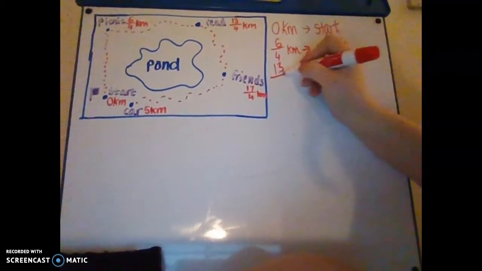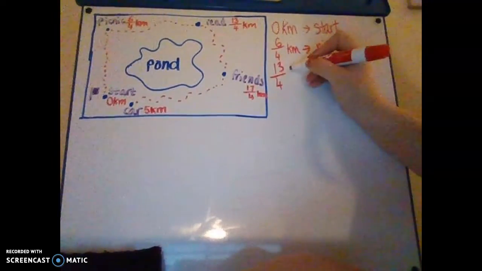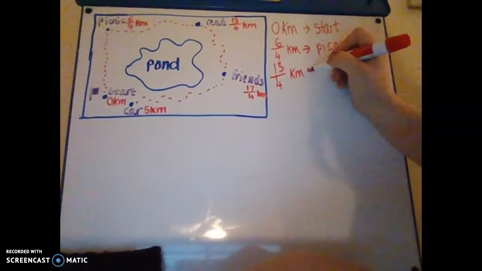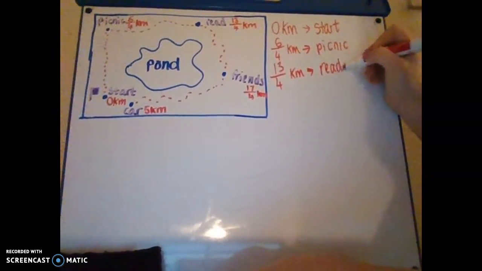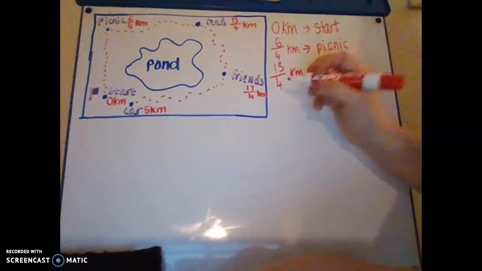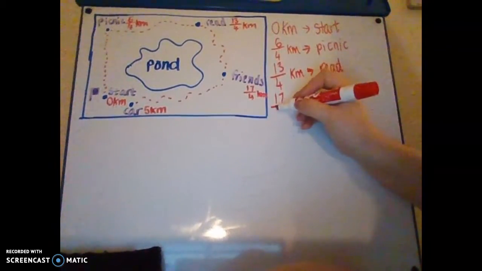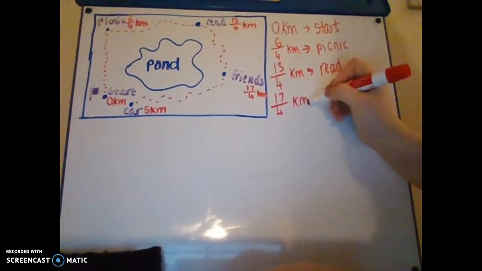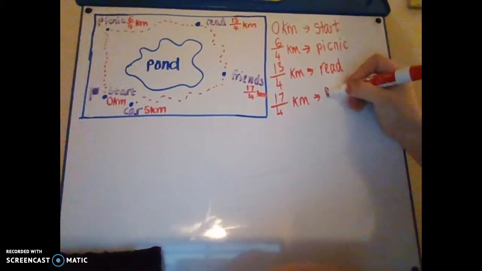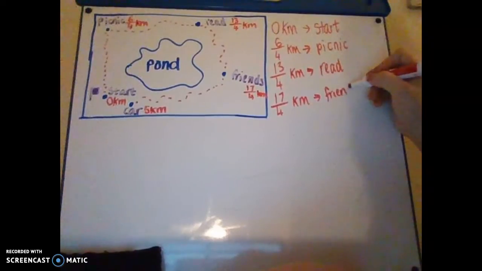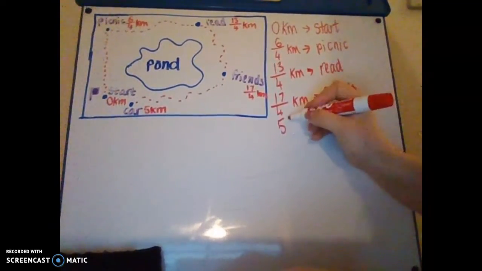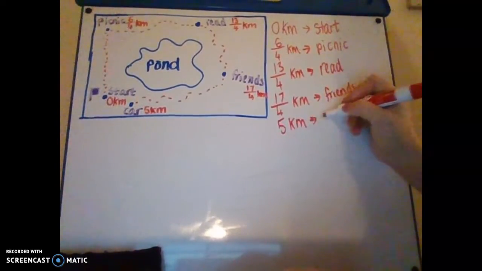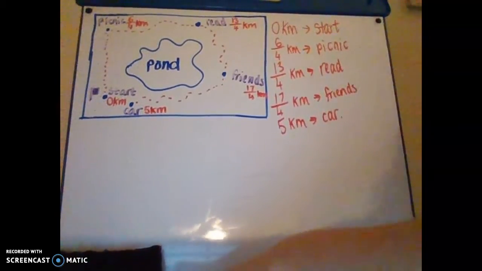This was the walk I was doing, and I can't wait until I can do it again. 13/4 of a kilometer, that's when I stopped and read my book. I walked a little bit more, 17/4 of a kilometer, and I hung out with some friends for a little bit. Then I walked a little bit more, and after 5 full kilometers, I was back at my car.